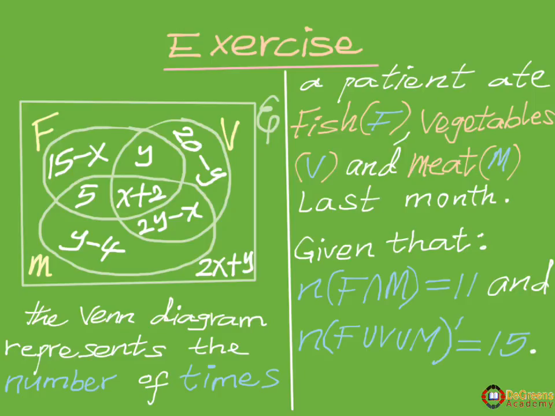So it is given that the cardinal number of F intersection M is 11. So the cardinal number for F intersection M is the region containing x plus 2 and 5, which means when you add x plus 2 plus 5, you should have 11. So we are going to use that to calculate our x and y.